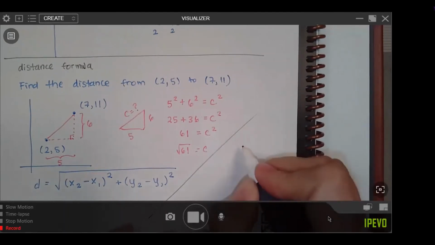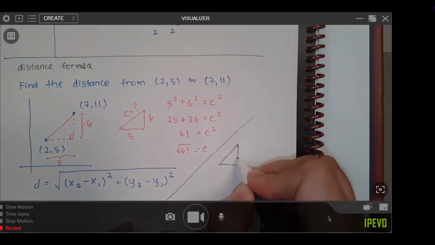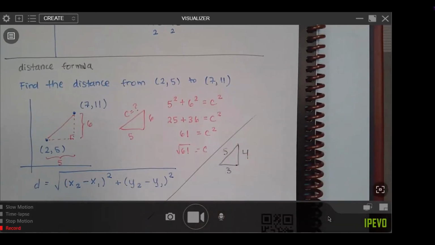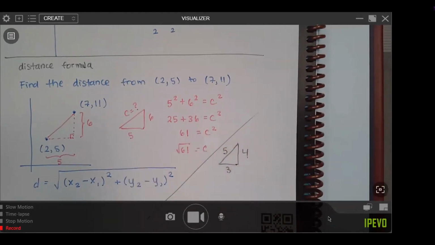Two of our common Pythagorean triples are a 3, 4, 5 triangle. And that means any multiple of those sides. So if I scale each of those sides by 2, then a 6, 8, 10 triangle is a Pythagorean triple. If I scale all of the sides by 20, then a 60, 80, 100 triangle is a Pythagorean triple.